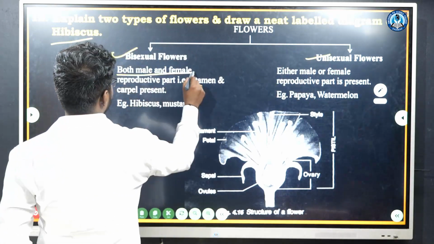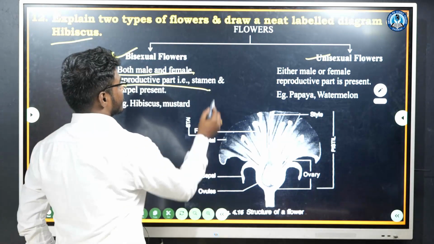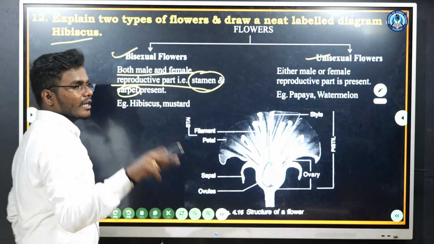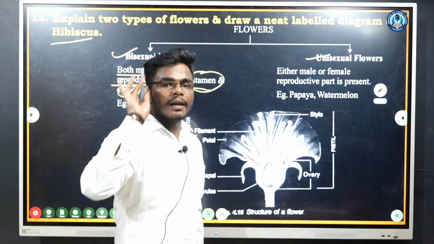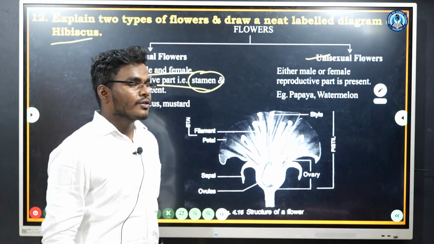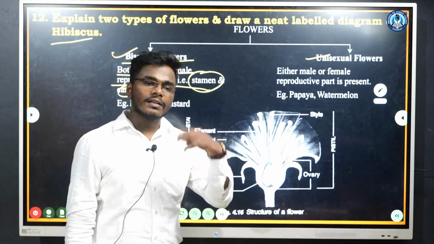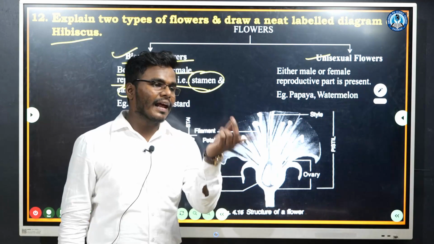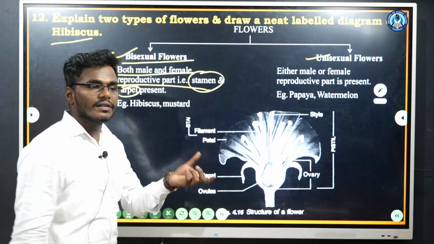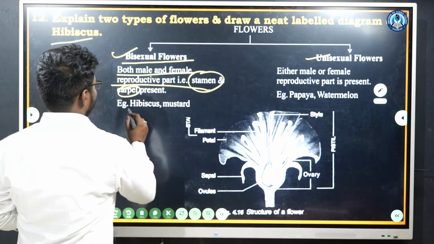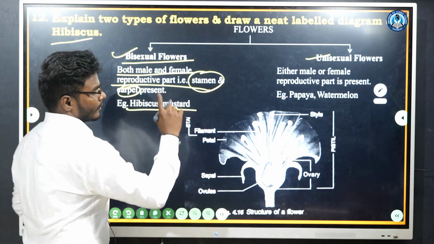Both the male and female reproductive parts, that is the stamen and the carpel, are present in the same flower. So we are going to call it a bisexual flower. Examples are hibiscus and mustard.